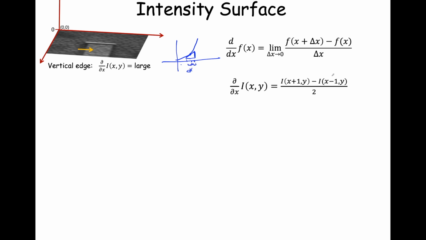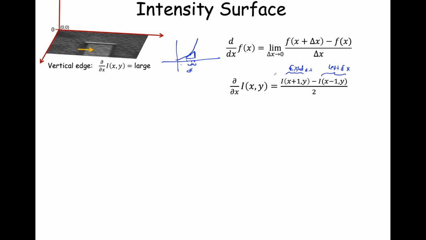Therefore, in our expression, f of x plus delta x is to the right of x, that's 1 pixel, and this term represents to the left of position coordinate x in image coordinates. The y doesn't change because we're on a scan line in x.